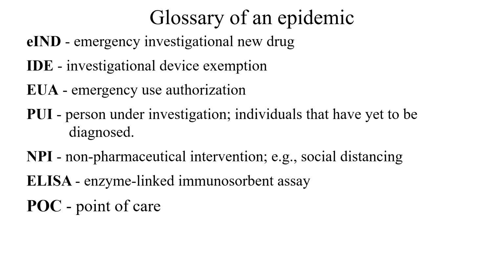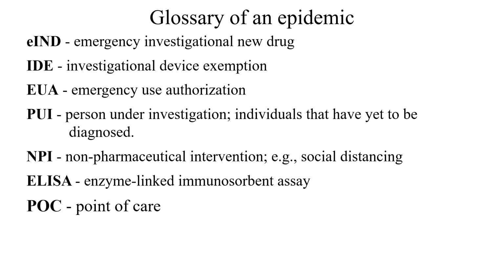So even before they've been approved, they get an authorization to use the drug anyway. IDE, investigational device exemption. EUA, emergency use authorization. For instance, these new tests that are coming out haven't gone through the whole approval process, but because of the emergency that's occurring right now, FDA will give an authorization to use them.